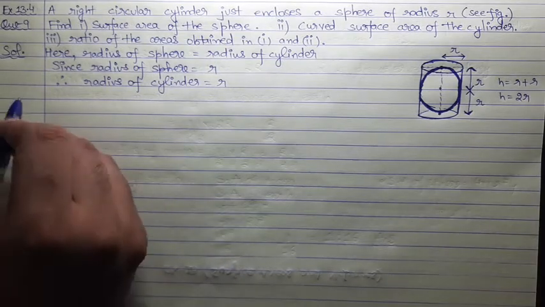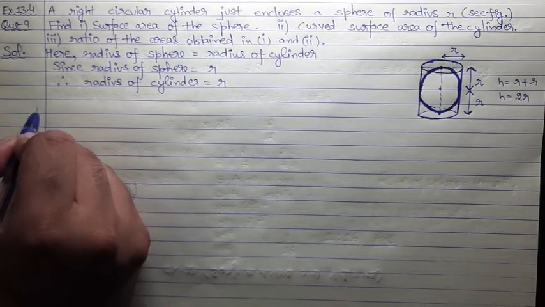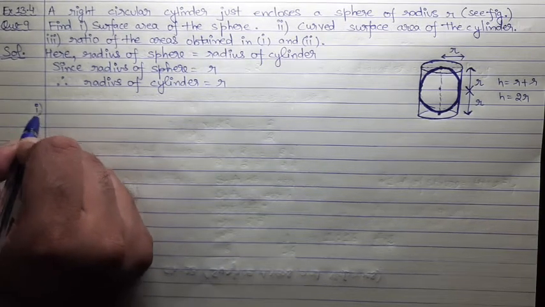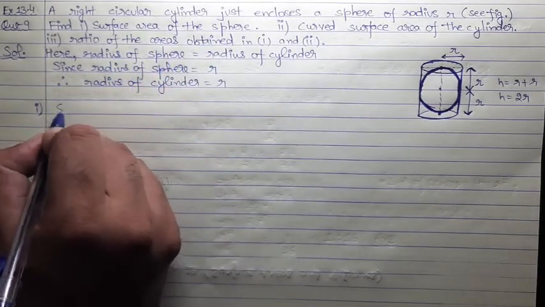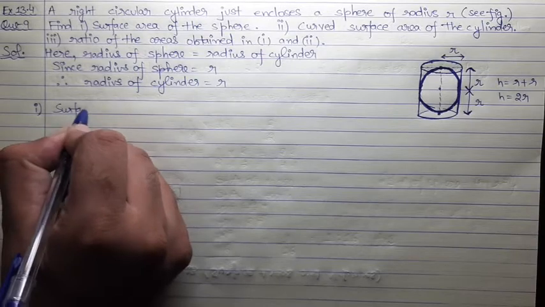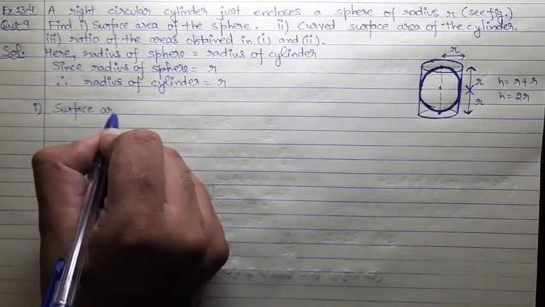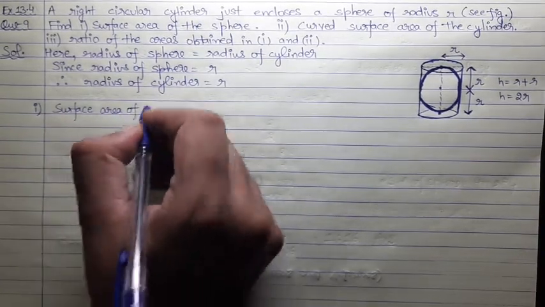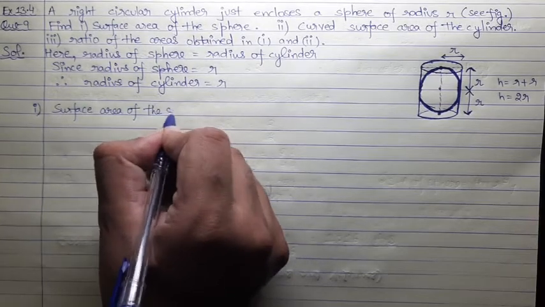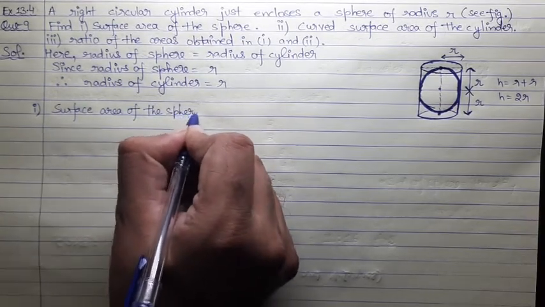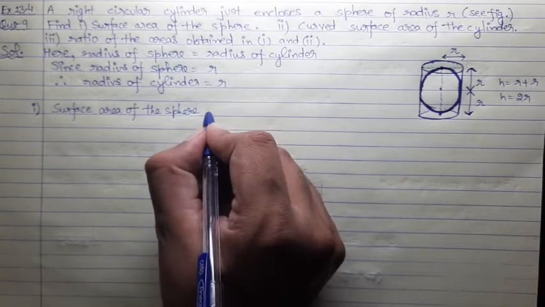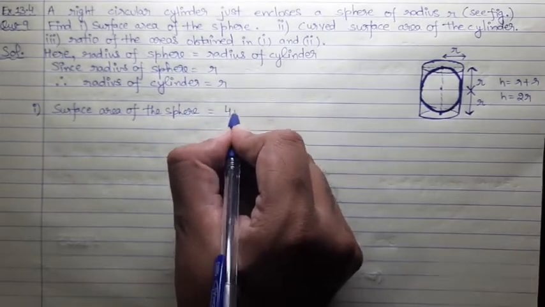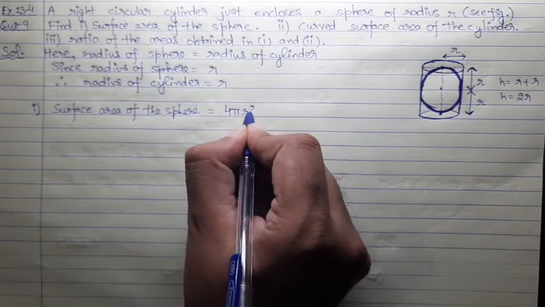Now for the first part, we have to find the surface area of the sphere. Since radius of the sphere is small r, therefore surface area of the sphere is 4 pi r square.